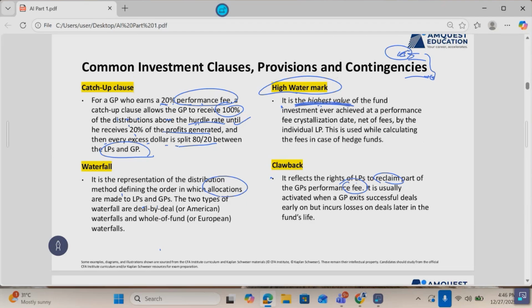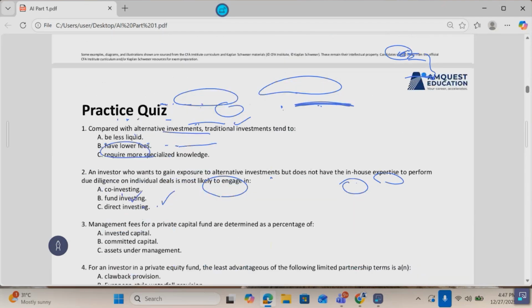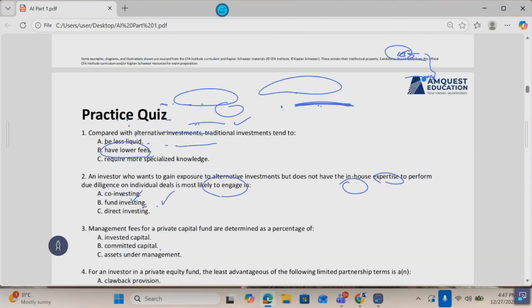So that's why it's called a waterfall mechanism, a mechanism to distribute the amounts to the LPs and the GPs. Is that a bit clear? Obviously, there's a theory around the features and structures.